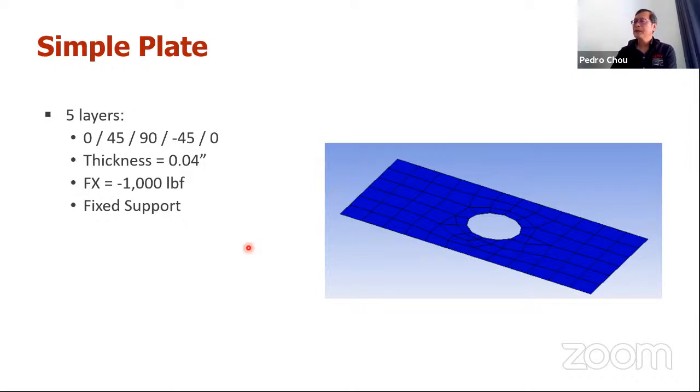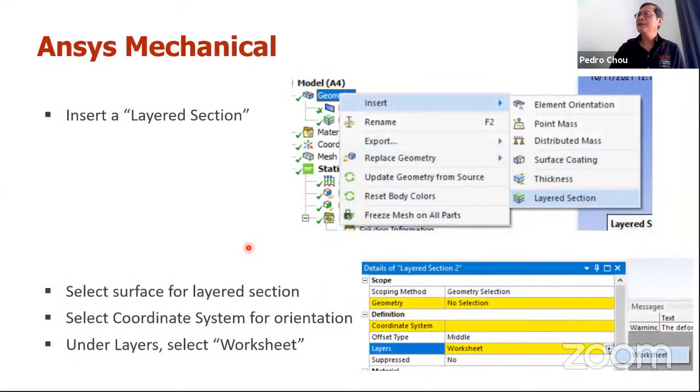To do that in Ansys Mechanical, the first thing you need to do is insert a layered section. Once you define a layered section, you need to specify what geometry this layered section applies to. You need to define a coordinate system.